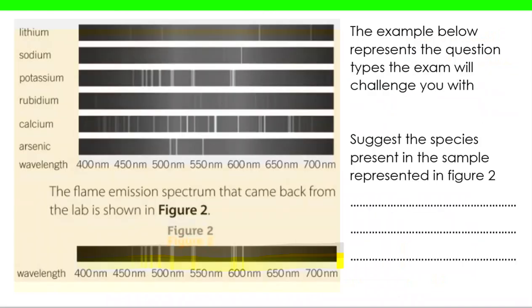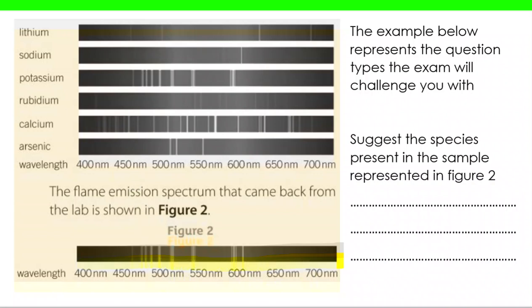So a little question to finish off. Have a look, see what you think. So what is in figure 2? Well, what we're doing is comparing to a library of known data. And if I take a look up here, I can see a line and I can see that line there. I can see this double, double, double, double.